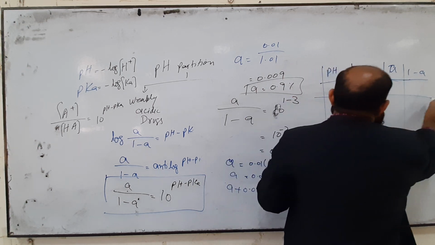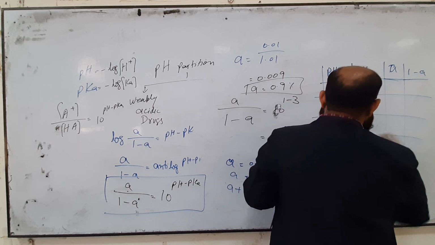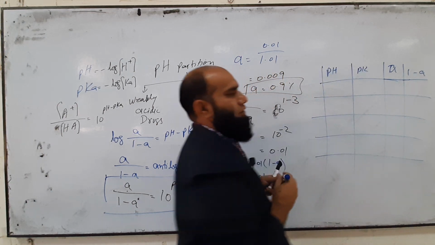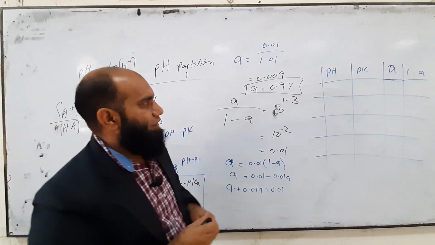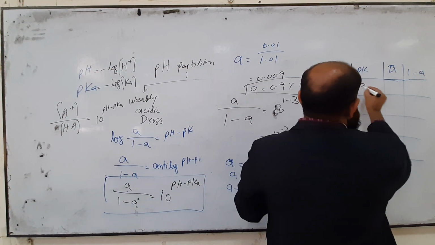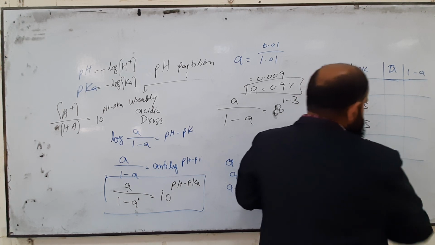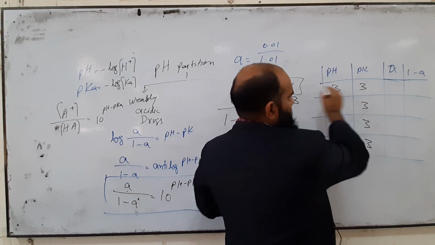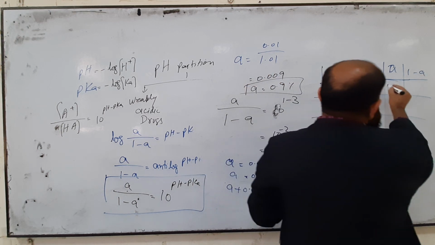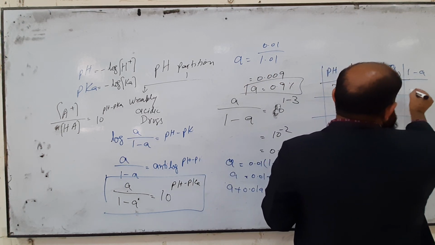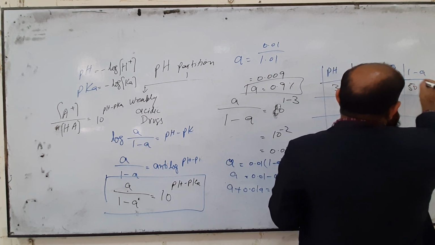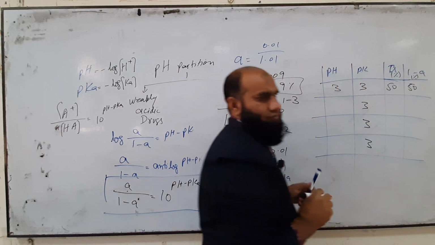For aspirin, we can write, for example, pKa is 3, which is constant, and pH is also 3. It's 50% ionized and 50% unionized.